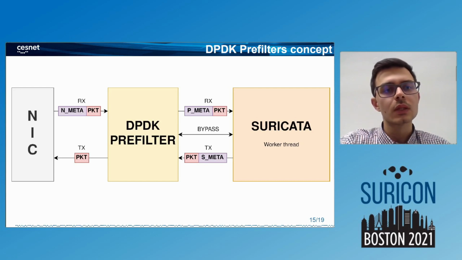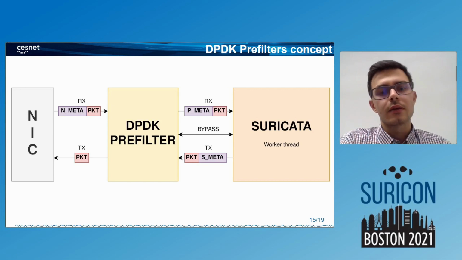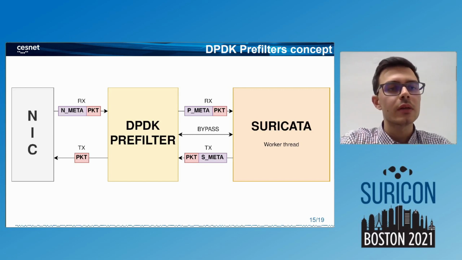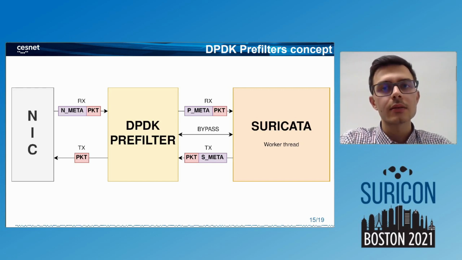But in the prefilter, there can be advanced prefiltering, which might include that the NIC sends a packet to the prefilter, but with that packet it also sends NIC meta information.